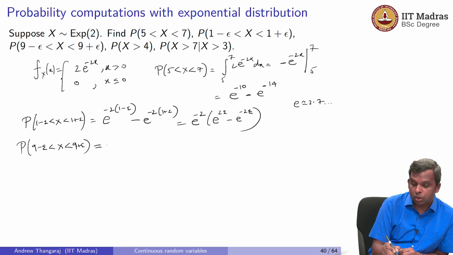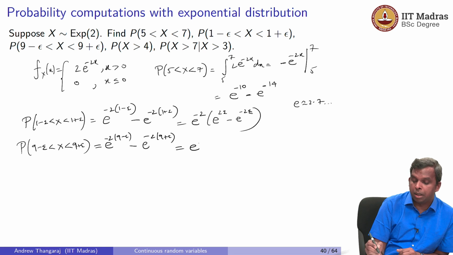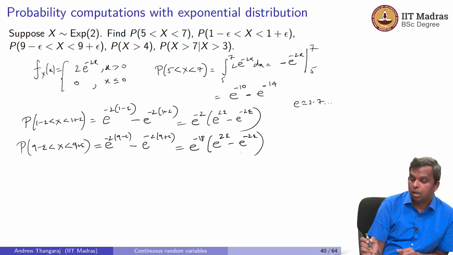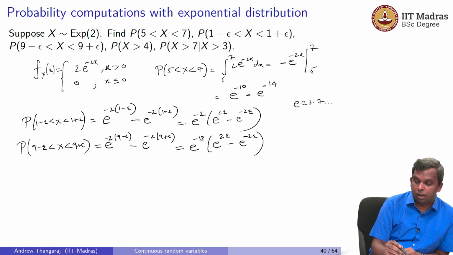If you go to 9, notice what happens. It's e power minus 2 times (9 minus epsilon) minus e power minus 2 times (9 plus epsilon), and this is going to become e power minus 18 times e power 2 epsilon minus e power minus 2 epsilon. Look at this probability.